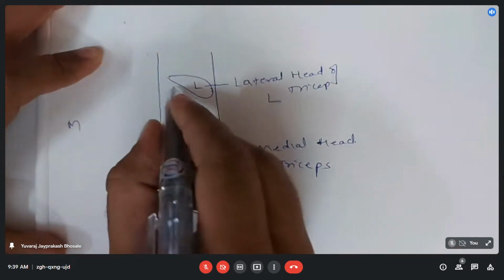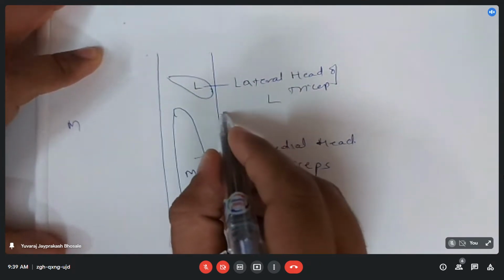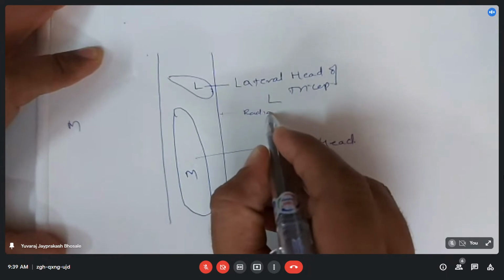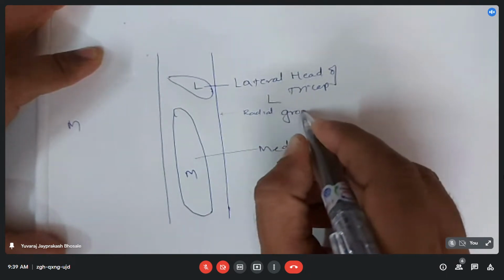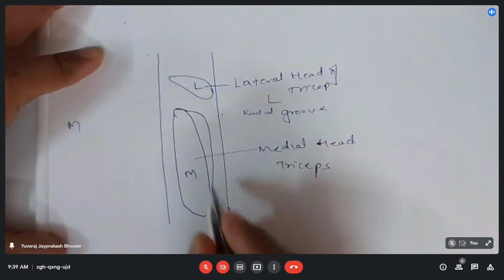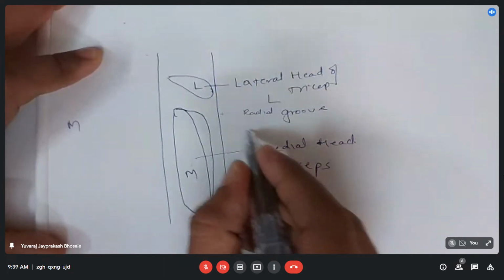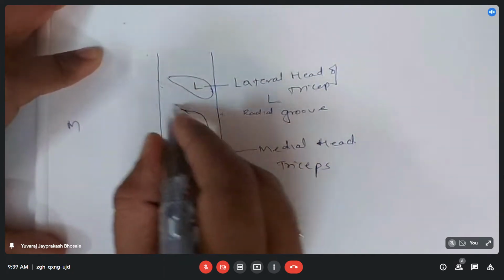In between both of them is a groove, and that is called the radial groove, which is on the posterior side. This is the radial groove.